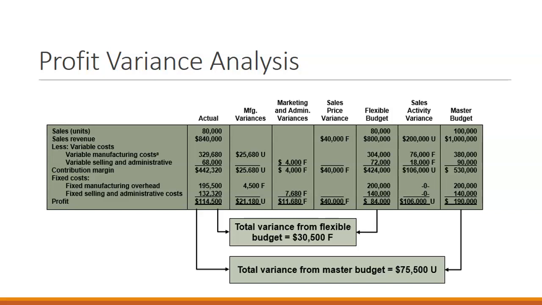You can see where our sales price variance is $40,000 favorable. That is because our actual revenue is $40,000 more than the flexible budget revenue of $800,000. And we'll break these variances down even more.